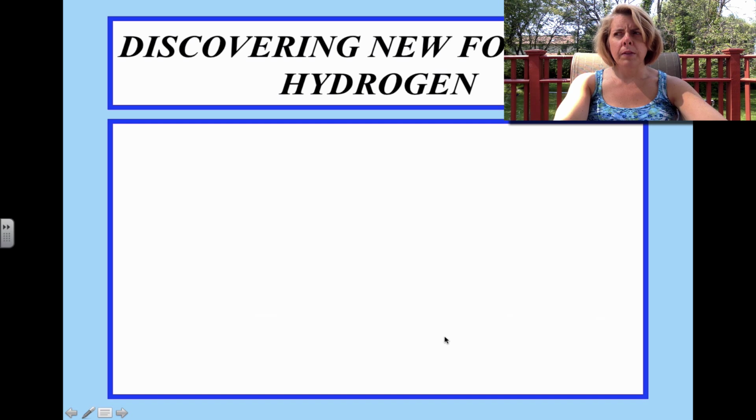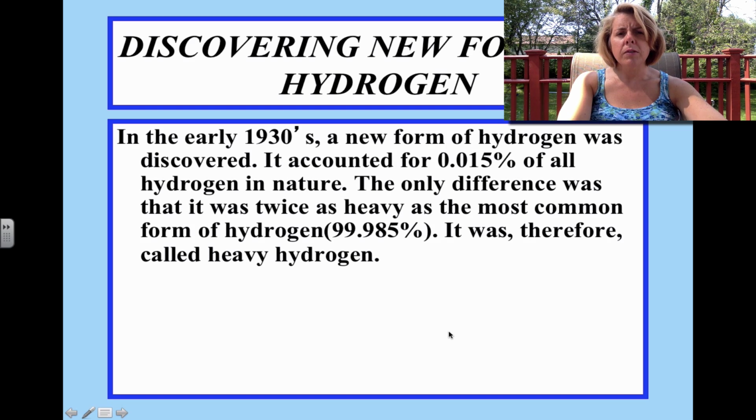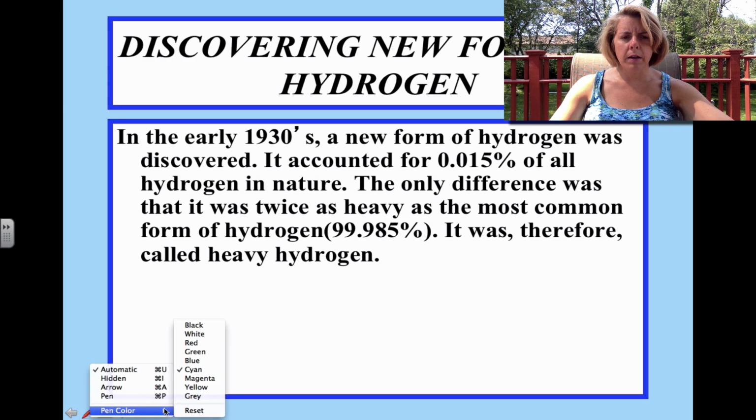Okay, so they came up with a more precise method of measuring atoms by themselves. And as a result of this, they came up with a measurement of a new type of hydrogen. And this was just bizarre to them.